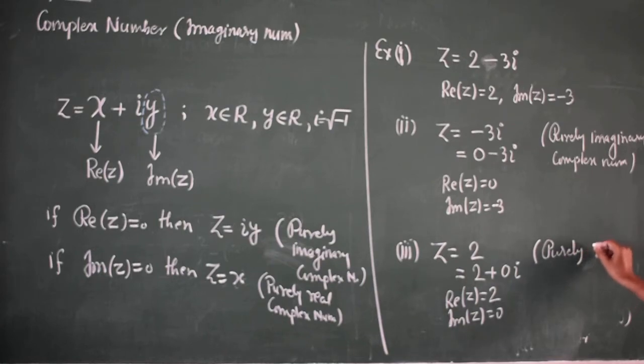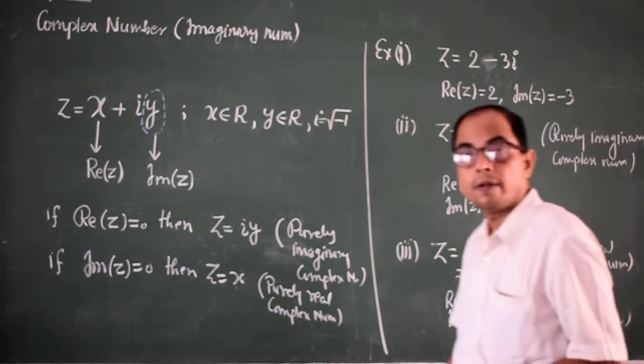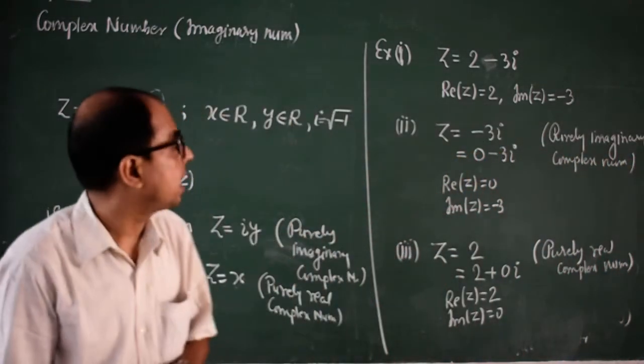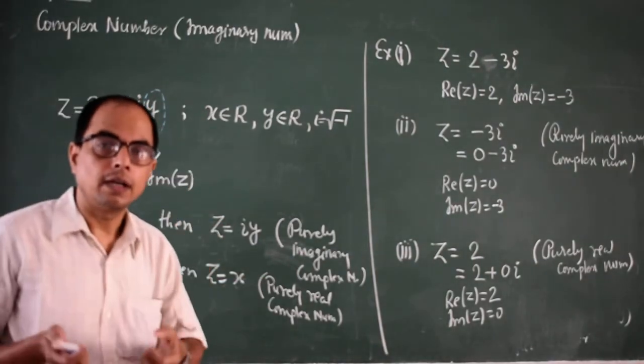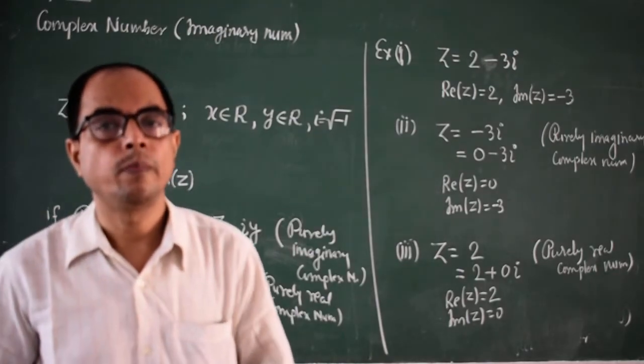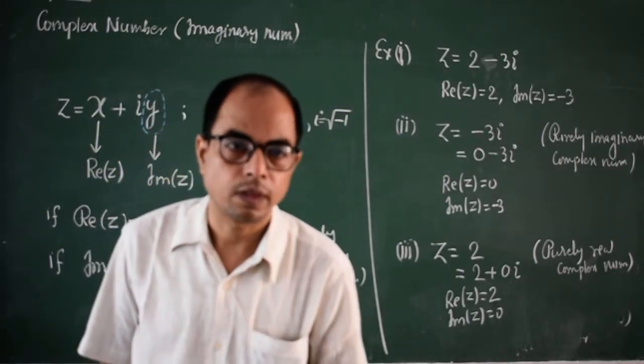Purely real complex number. So from this example, it is clear that all the real numbers can be put in this form. Clear? So all the real numbers are also complex numbers.